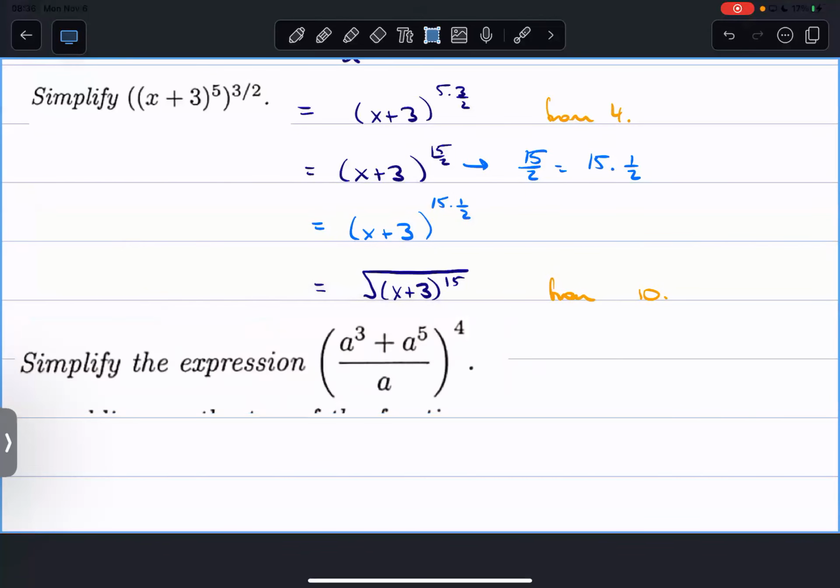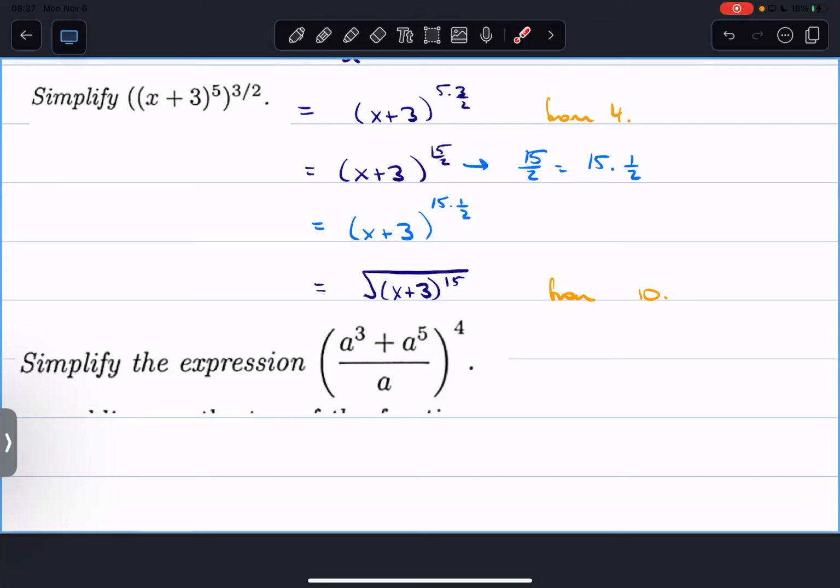Here, if we want to simplify a to the 3 plus a to the 5 over a to the power of 4. One of the problems here is that I'm adding in the numerator, which means I can't zip these up because they need to be multiplying. So I have to keep them as if they're adding. But I'm dividing by a, so there are lots of ways that you could do this.